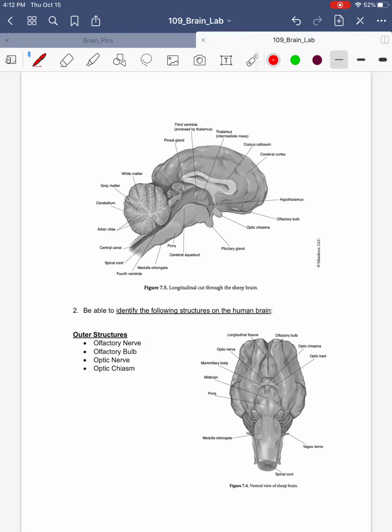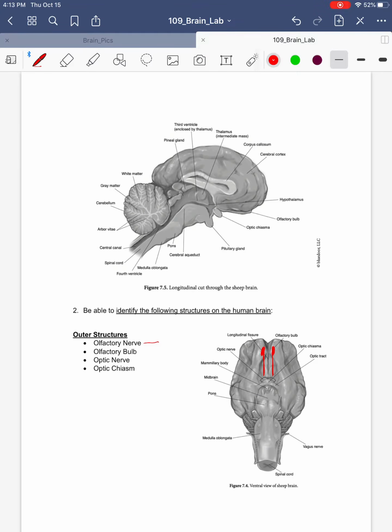The olfactory nerve is a nerve that runs straight up and down. We're looking at the underside of the brain, so let's call these the olfactory nerves. And at the tip, especially in the sheep brain, which we're going to watch a video of a dissection of, at the tip is a thicker little region called a bulb.